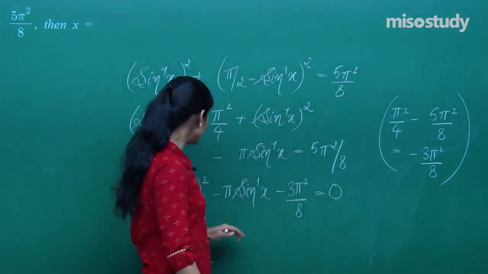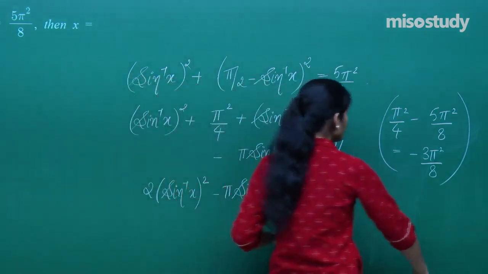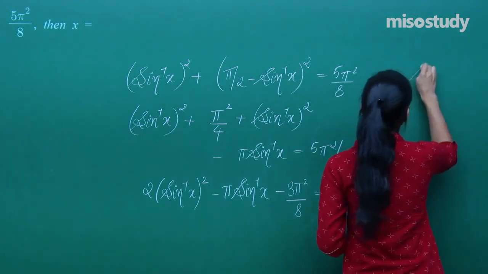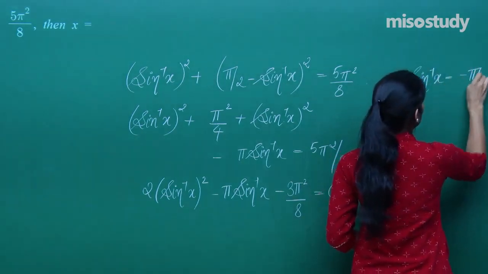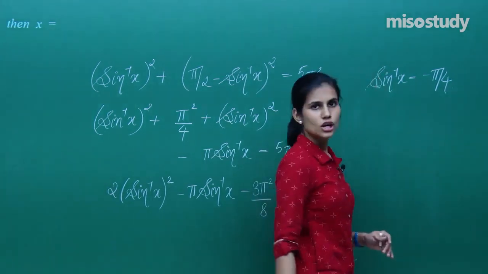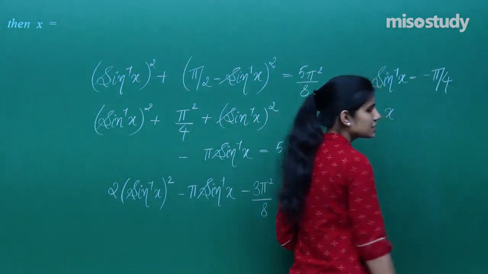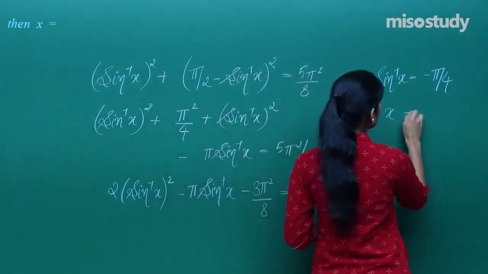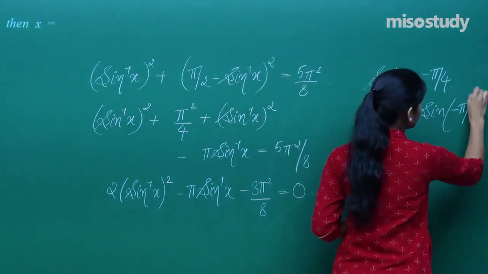You can very easily see this is a quadratic equation in sin inverse x. On solving, you are very easily going to get sin inverse x equals minus pi by 4. So very conveniently, because this is lying in the principal domain of sine, which is the closed interval [-pi/2, pi/2], x comes out to be equal to sine of minus pi by 4.